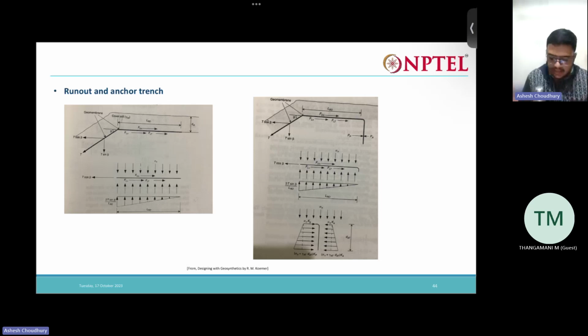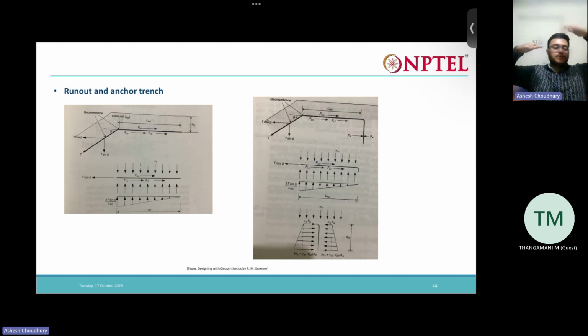Right, now we will see the runout and anchor trench. Runout is nothing but, see, you have placed the geomembrane on a slope, and then you have the straight horizontal portion.